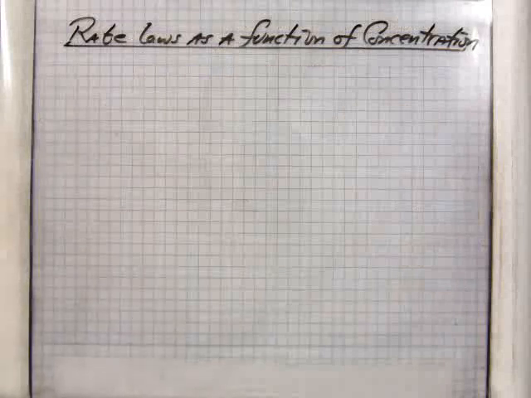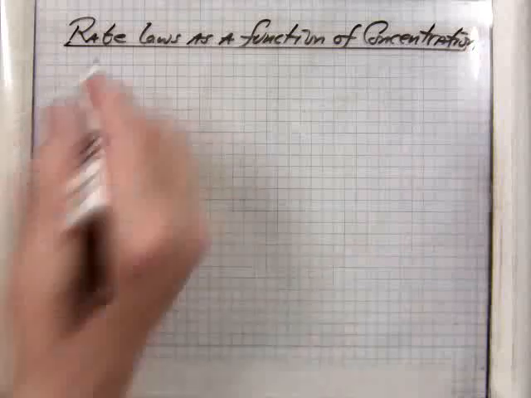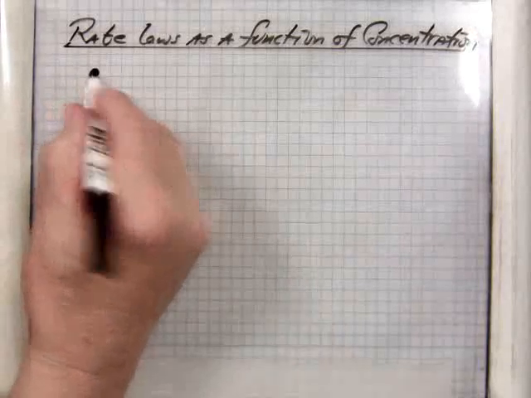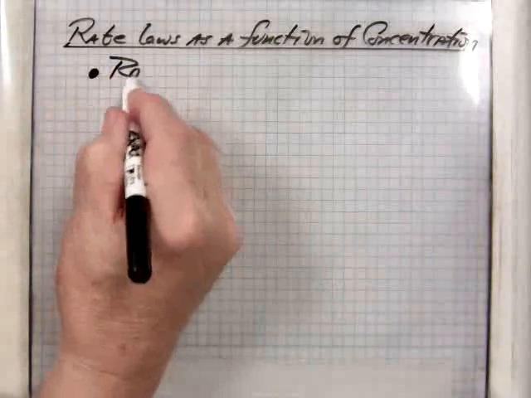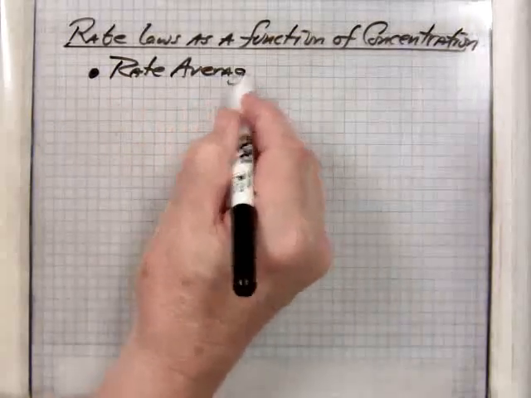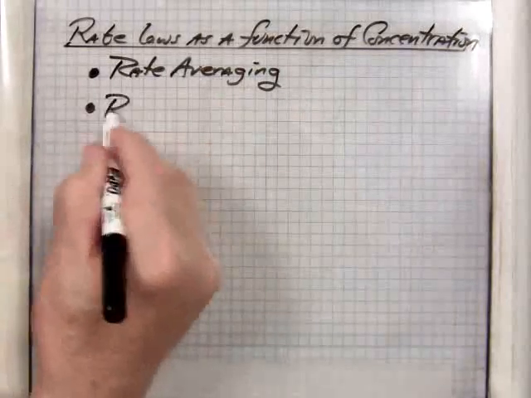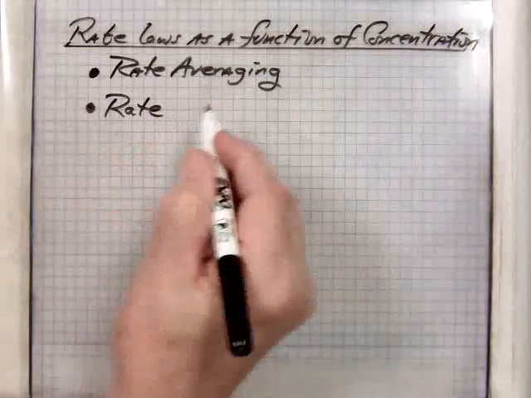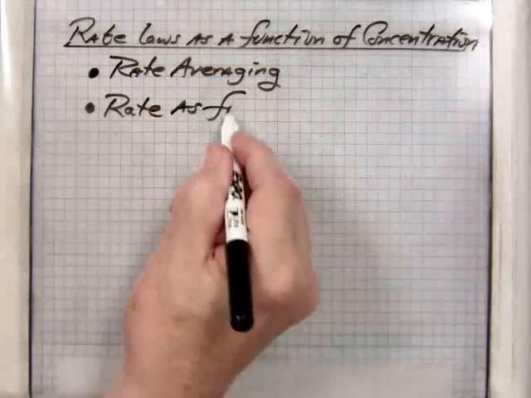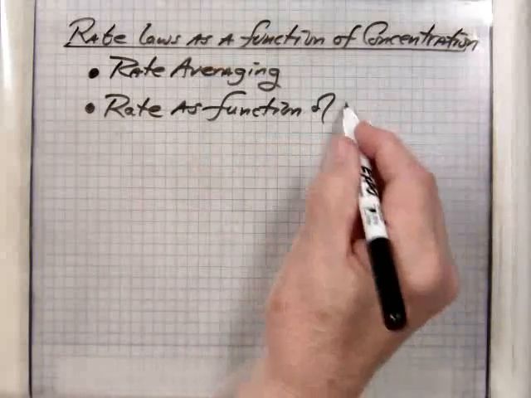There are 4 problems that you need to learn how to work in the rate laws as a function of concentration. One is called rate averaging. Rate as a function of reaction coefficients.